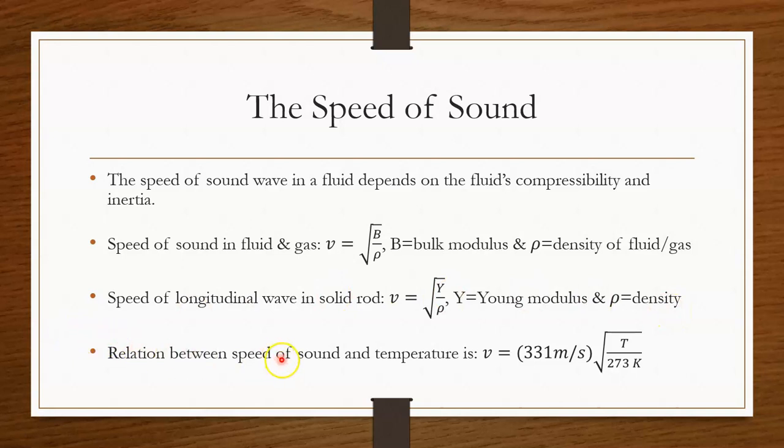And the relation between speed of sound and temperature is given by this formula. So if, let's say, I need to find the speed of sound at a temperature of 50 degrees Celsius or 270 Kelvin, you can use this equation: velocity is equal to 331 meters per second times the square root of T divided by 273 Kelvin, where T is the temperature, which is supposed to be in Kelvin as a unit.